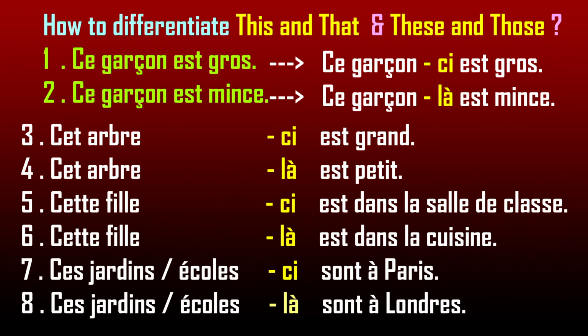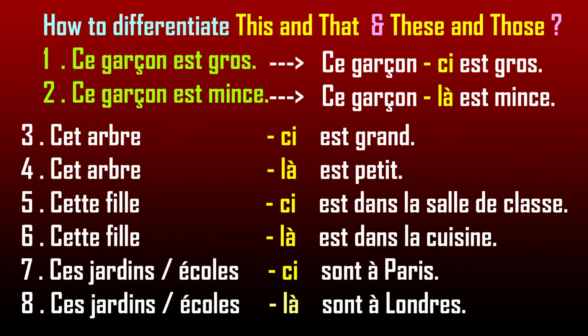Sentences 7 and 8. Ces jardins-ci or ces écoles-ci sont à Paris. Ces jardins-là or ces écoles-là sont à Londres. These gardens or these schools are in Paris.